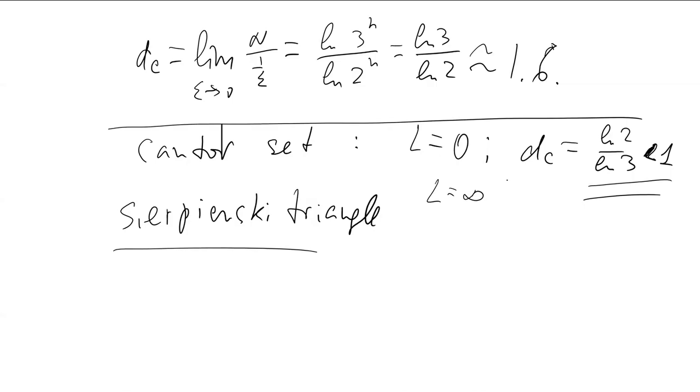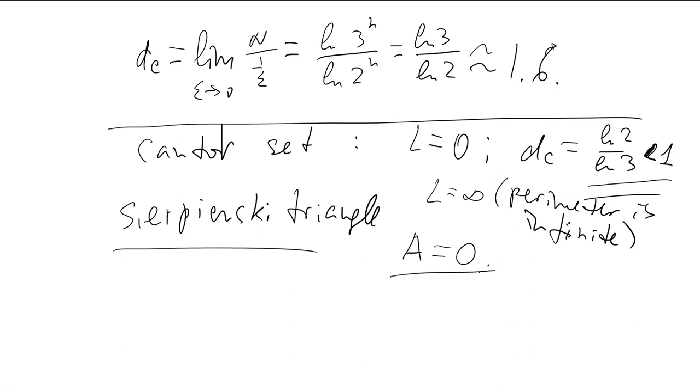Length means perimeter is infinite. Infinite, it is not difficult to show. Area. Area eventually is 0. This is interesting. I will show these two observations.